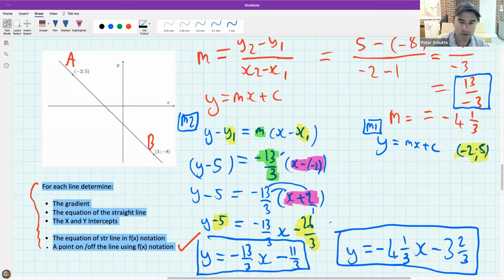So where did you get the -3 2/3 from? Okay. I just converted 11 over 3 into what was called a mixed number. So David, how many times does 3 go into 11? It goes 3 times. And 2 left over.